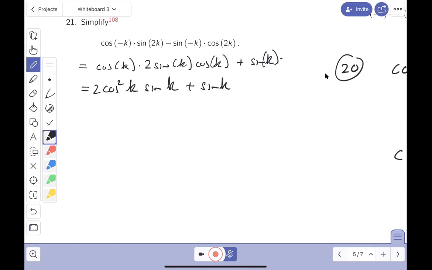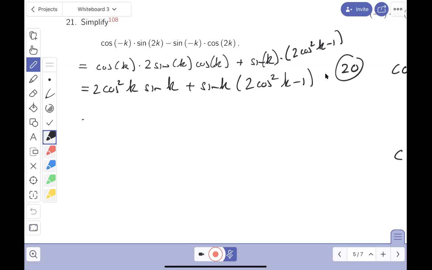What am I going to do there? I get so many different forms of it. I'm going to put down 2 cosine squared k minus 1. Let's write that down now. So 2 cosine squared k minus 1.